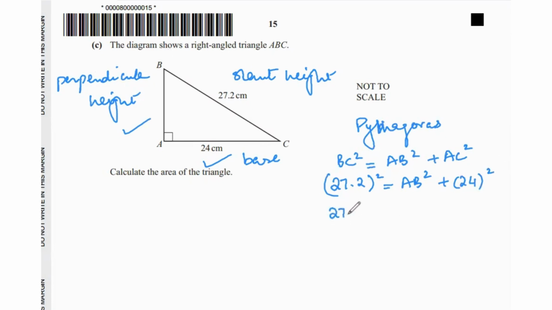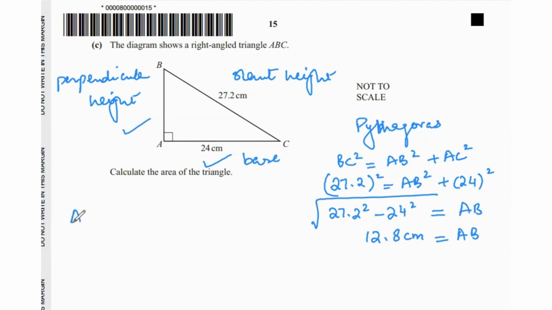So the square root of 27.2 squared minus 24 squared gives us the value of AB, and that's going to be 12.8 centimeters. Now this is the measurement for our perpendicular height.